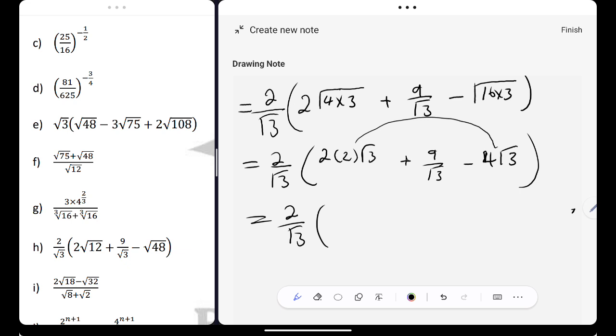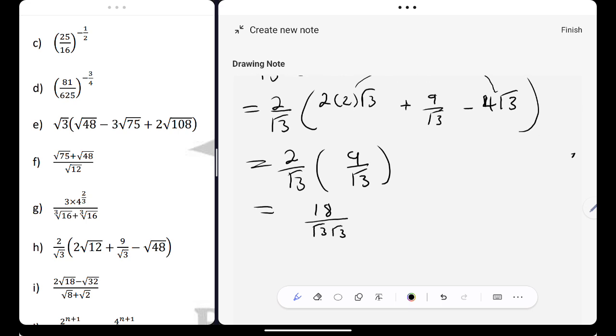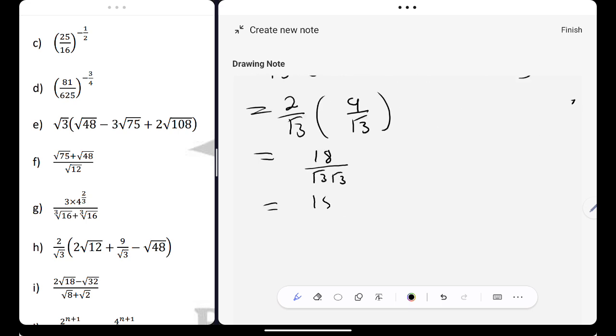They'll just subtract one another. Then inside I'll be left with 9 over root 3. Whenever you're multiplying numbers, numerators multiply one another and denominators multiply one another. So I'll have 18 over root 3 times root 3. This thing is the same as 18 over 3.